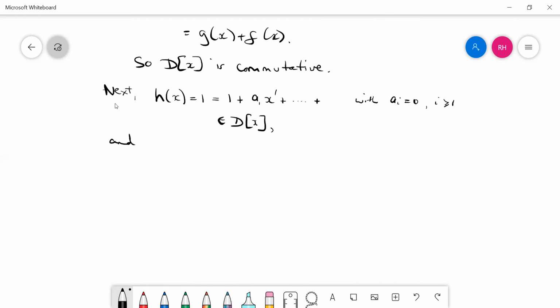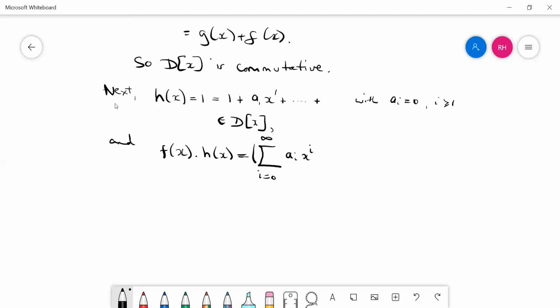What can we say now? We could say that f(x) times this special polynomial h(x) is equal to, I suppose, it's obvious that if you multiply a polynomial by 1, you get the same polynomial. But using what we had before, you could go i equals 0 to infinity of ai x^i, which we called f(x).